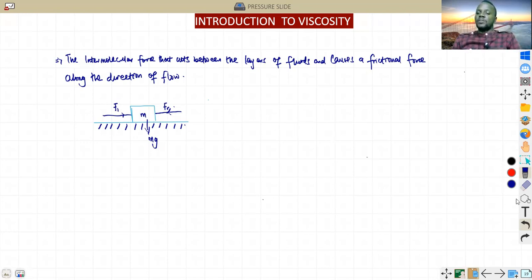If we have layers of fluids, as I've explained, we can take that into consideration. The layers of fluid are something like this, and on top of the layers of fluid, we have something like this. In the downward layer I use a straight line, but at the uppermost part I am using a streamline.